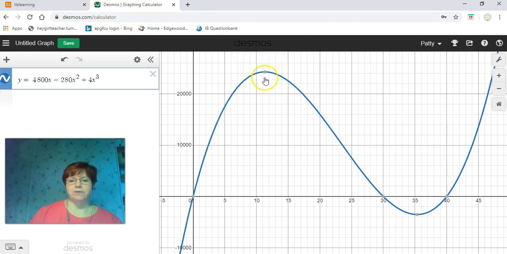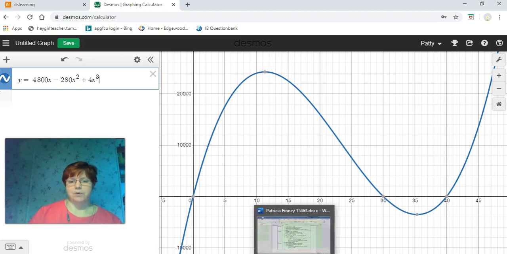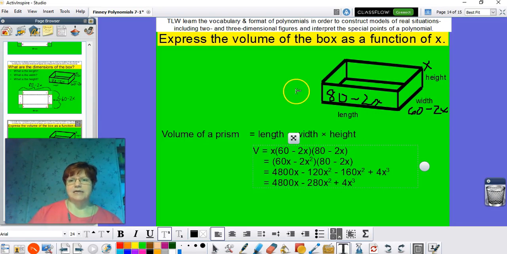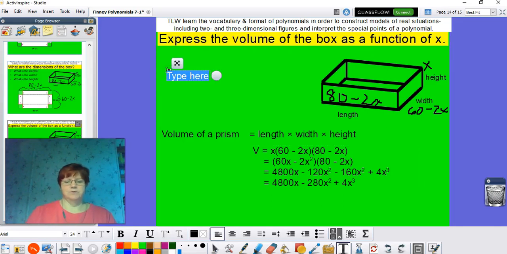So that would mean if we went back to our diagram, you could have a max volume if x equals 11.315 centimeters.